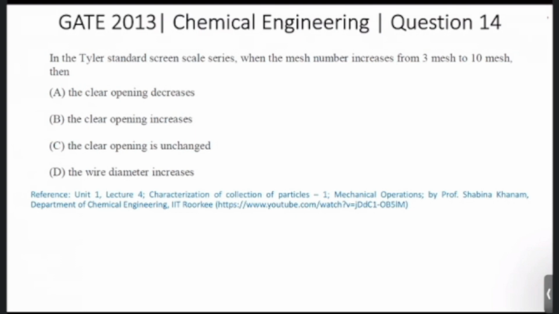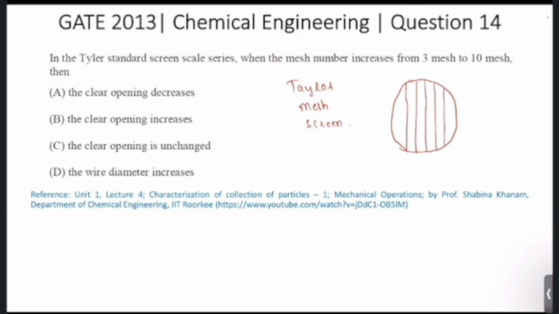So here they have mentioned a Taylor mesh, or a Taylor standard screen, or a Taylor mesh screen. A typical mesh screen will look like this. It is basically a plate having wires crossed at right angles.